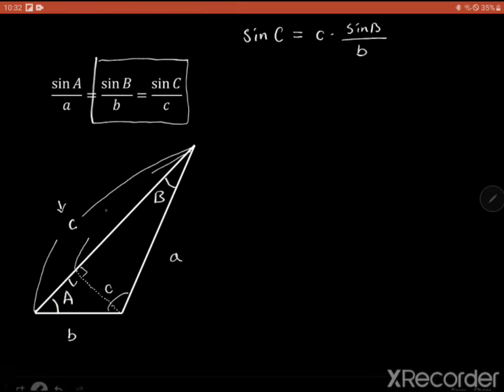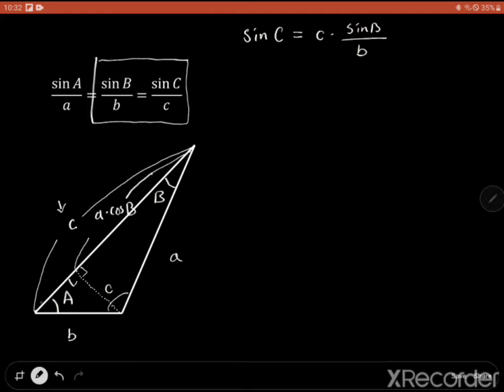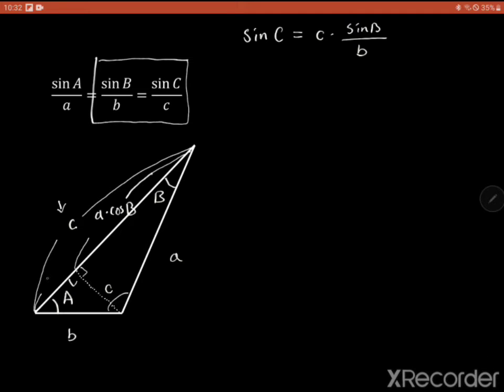This part we call a multiplied by cosine B, as you know, and this part respectively will be b multiplied by cosine A. So we conclude that c has two parts, a cosine B added with b cosine A.